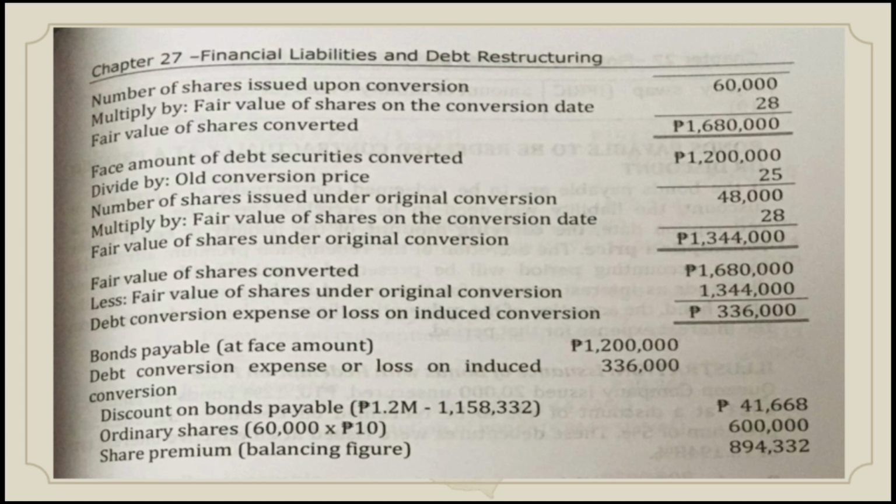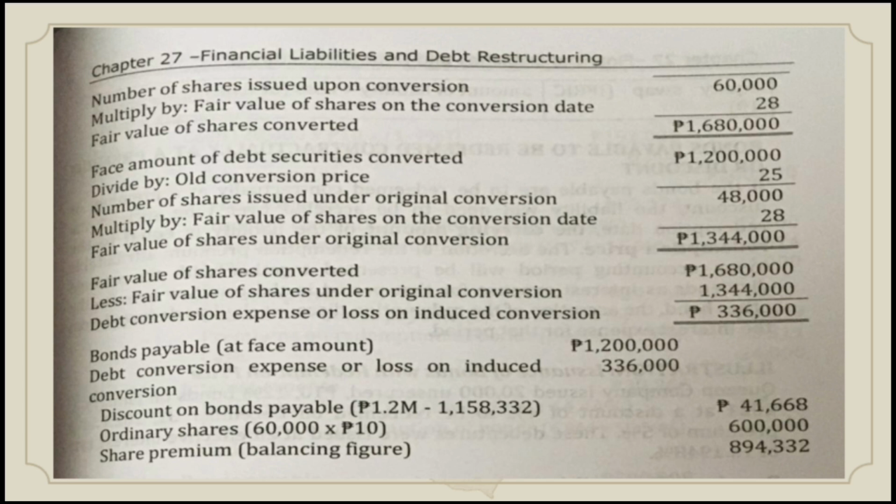So, ang journal entries ani is we have to debit bonds payable at face amount nga 1,200,000 pesos. Debit pud ta og debt conversion expense or loss on induced conversion nga 336,000 pesos. We have to credit discount on bonds payable.